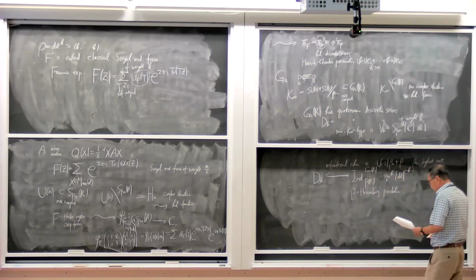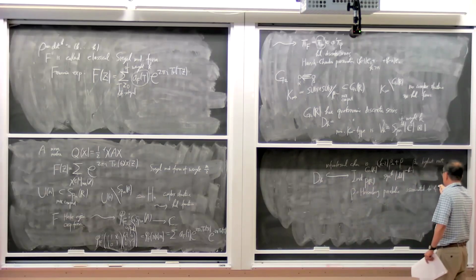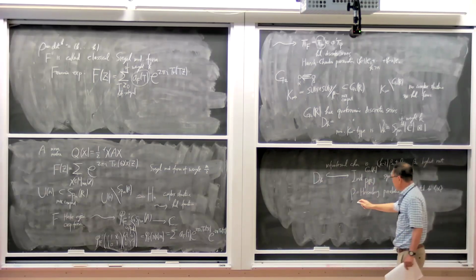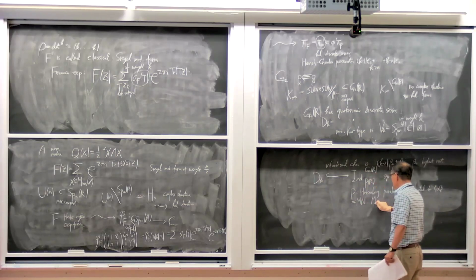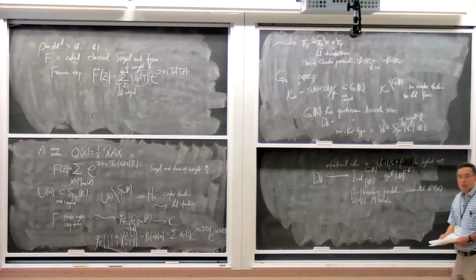So the Heisenberg parabolic is associated with the short simple root. So here, the Levi decomposition of the Heisenberg parabolic is MN, where M is isomorphic to GL2.